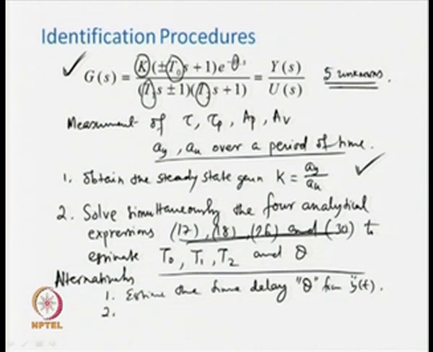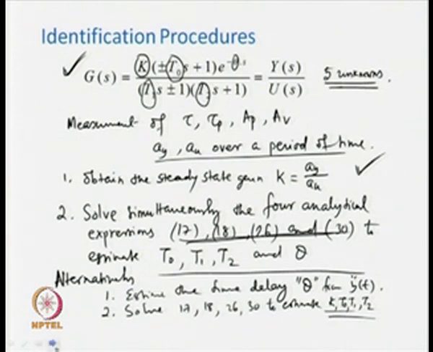Therefore, the remaining 4 unknowns can be estimated from the simultaneous solution of equations 17, 18, 26 and 30. Then next you solve 17, 18, 26 and 30 to estimate k, T0, T1 and T2. So, this is how all the parameters associated with the transfer function model can be estimated.